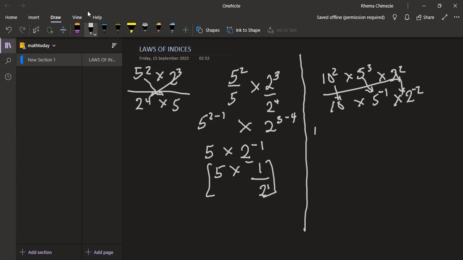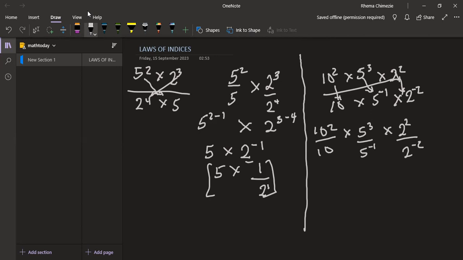That means we're going to have 10 raised to power 2 over 10 raised to power 1, then times 5 raised to power 3 over 5 raised to power minus 1, then times 2 raised to power 2 divided by 2 raised to power minus 2. We are taking them one after the other.